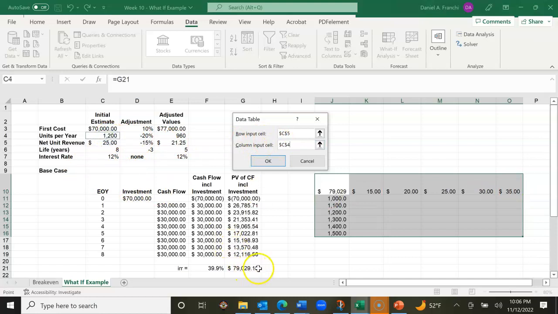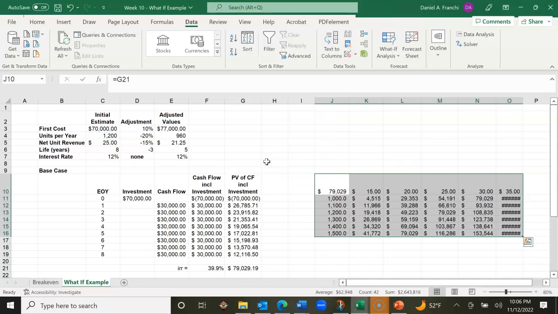Now, this 79.29 is built on these two variables. So that's what's changing when we go into this data table. So now if we look at the results, at 1,225, we should get 79,000.